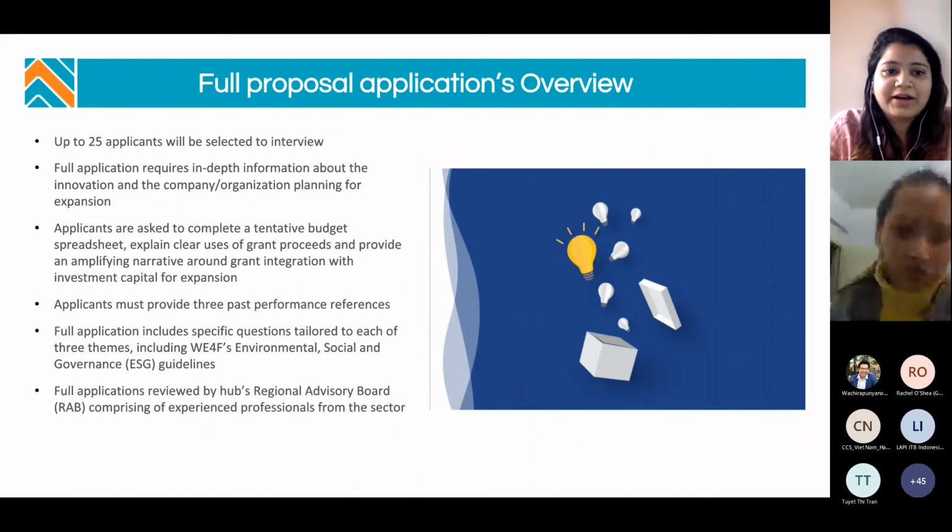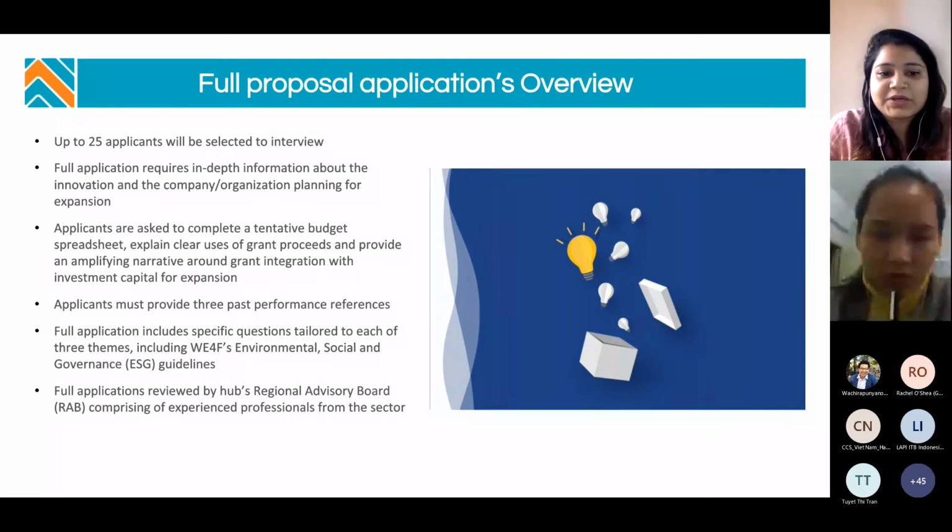Here, applicants will be asked to also submit a budget, and my colleague will explain more about the budget template and how to fill it. We will also request you to provide references from past performance. And in addition to the business and innovation explanations, we'd also request you to explain elaborately on the ESG impacts that your model is creating or has the potential to create.